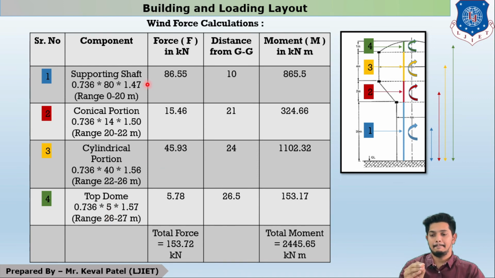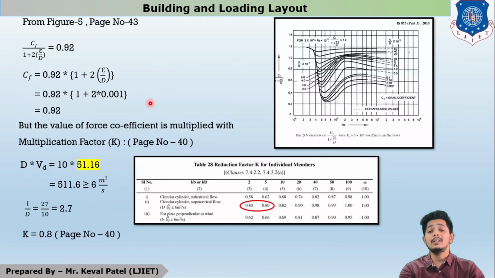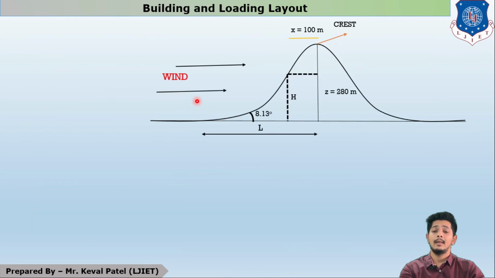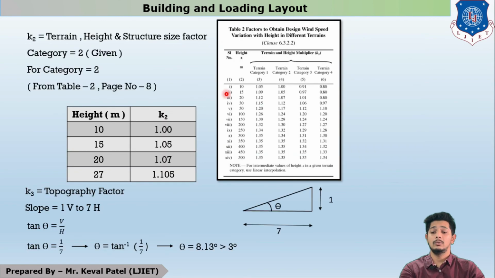Now PD, for different heights. I will need PD for 0 to 20 meter. So maximum pressure will be at 20 meter. So I will take the value of PD from our previously prepared table, after step 1 and 2.